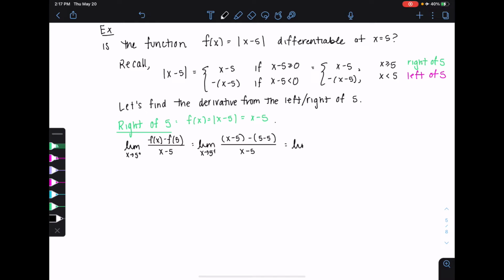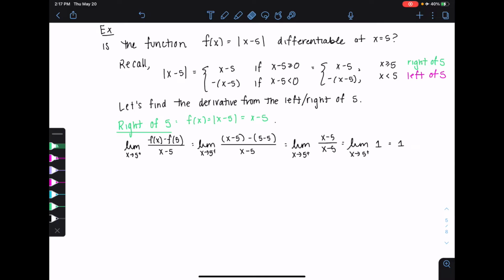So this is equal to the limit as x approaches 5 from the right of x minus 5 over x minus 5, which is the limit as x approaches 5 from the right of 1. On the right-hand side, it looks like our derivative at that point would equal 1.